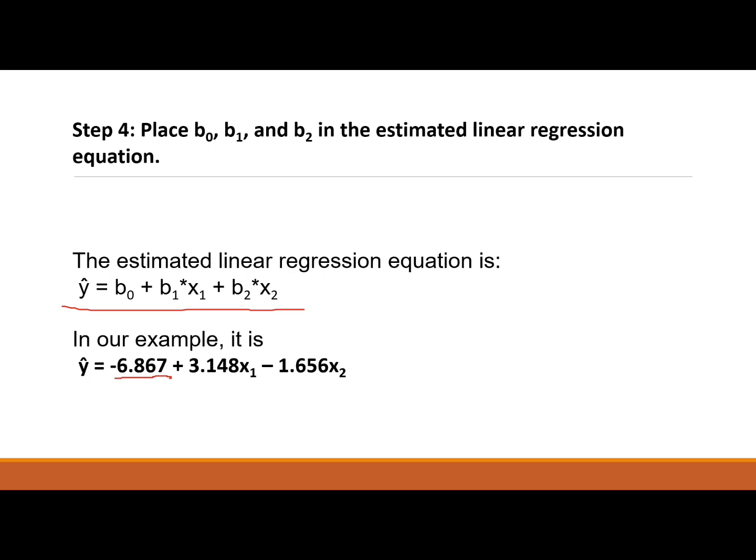Then for our B1, we have 3.148, then the x1. Since B2 is negative, we have to apply the sign, so we get the minus here. B2 is negative 1.656, then x2. So this is our linear regression equation.